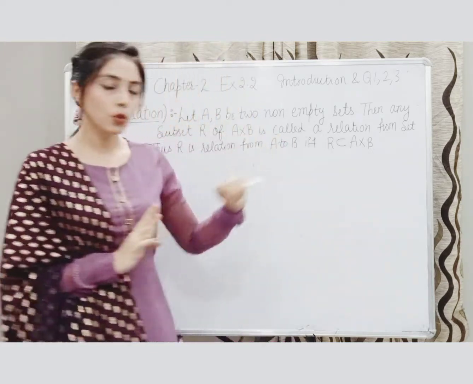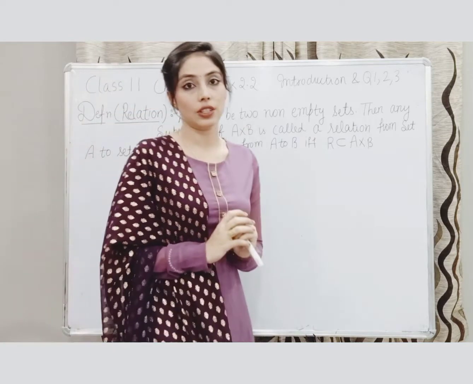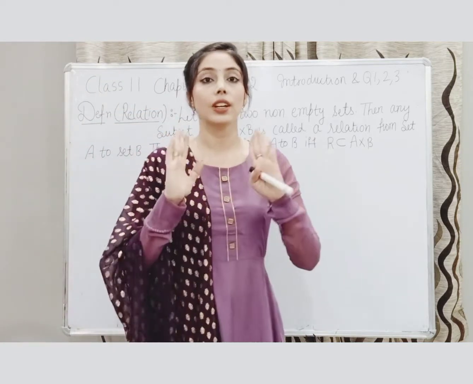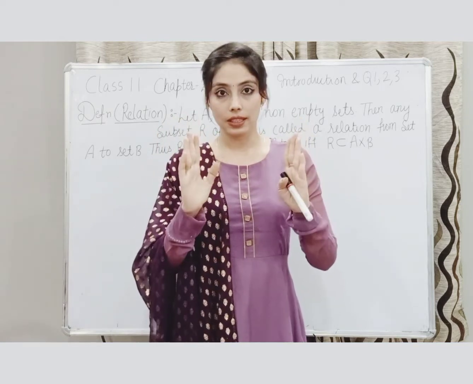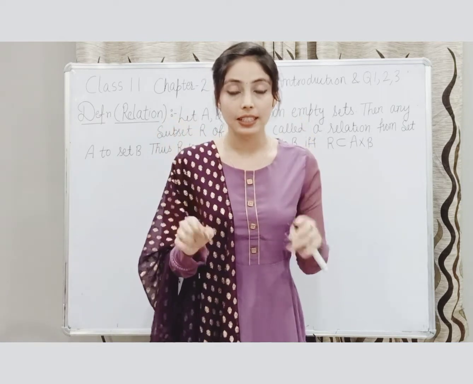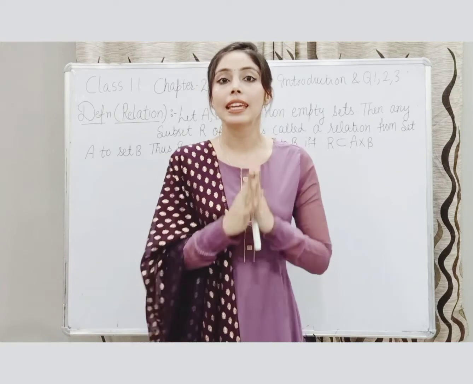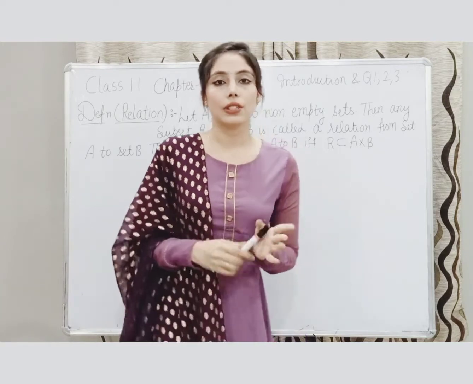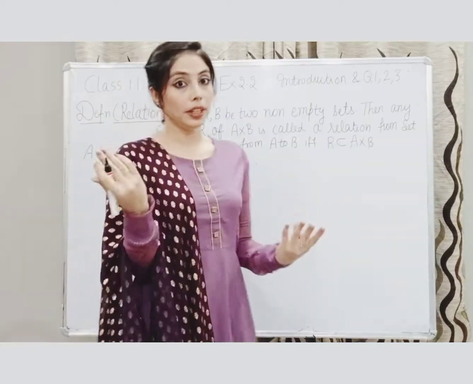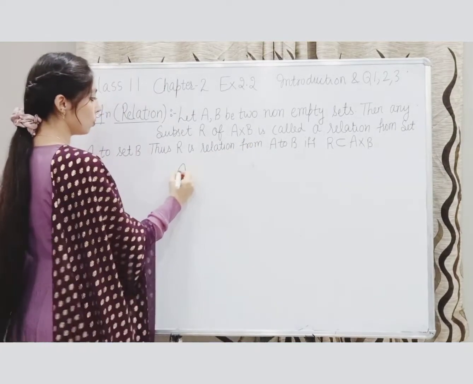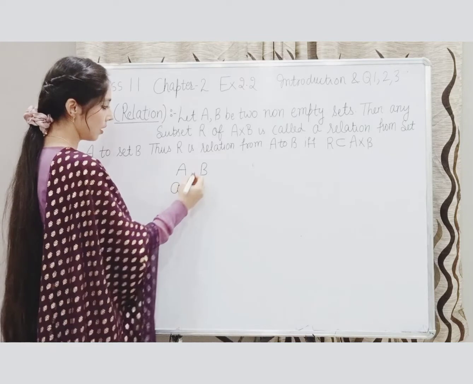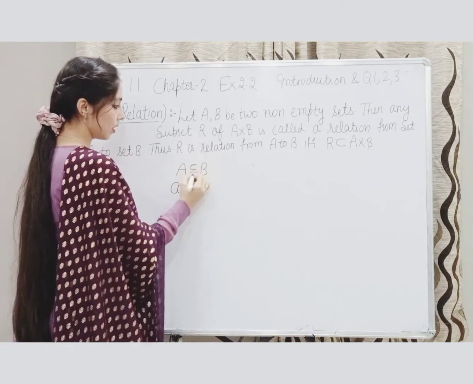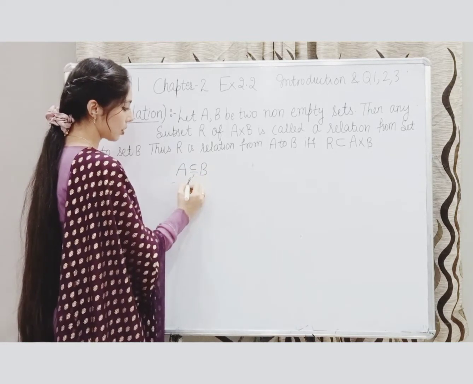So first of all, what is a relation? In layman's language, a relation can be anything between two persons, like father and son, teacher and student. These are relations. Mathematically, if we have two sets A, B, then A is a subset of B. This subset is a relation.